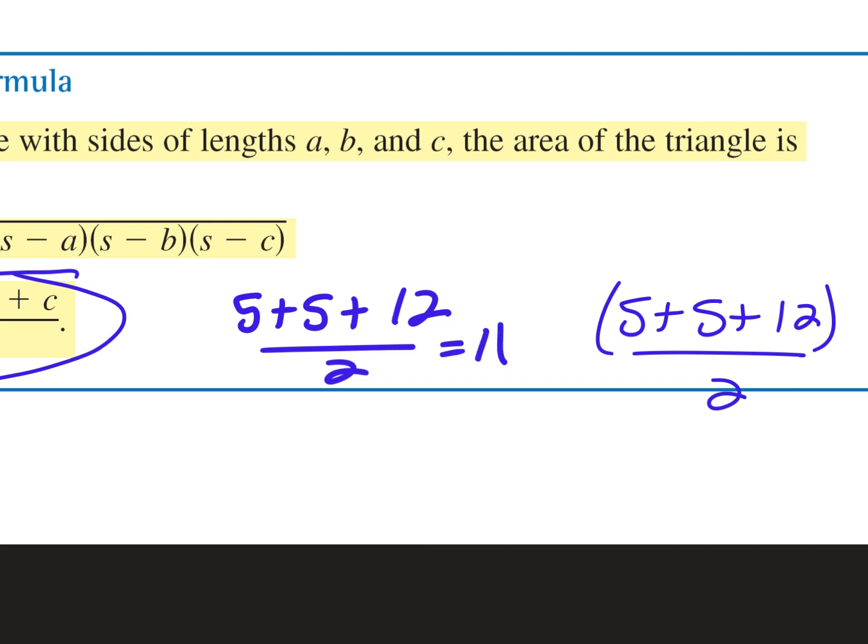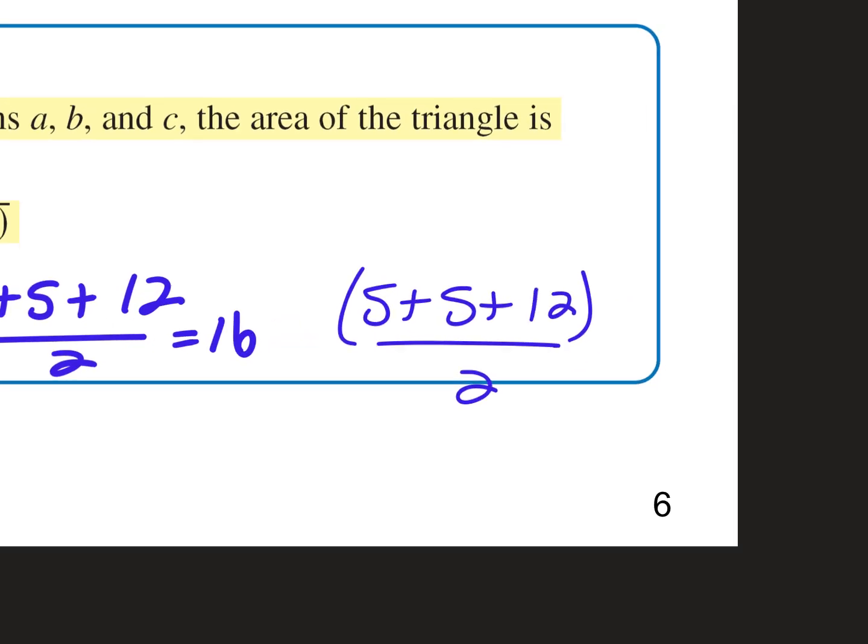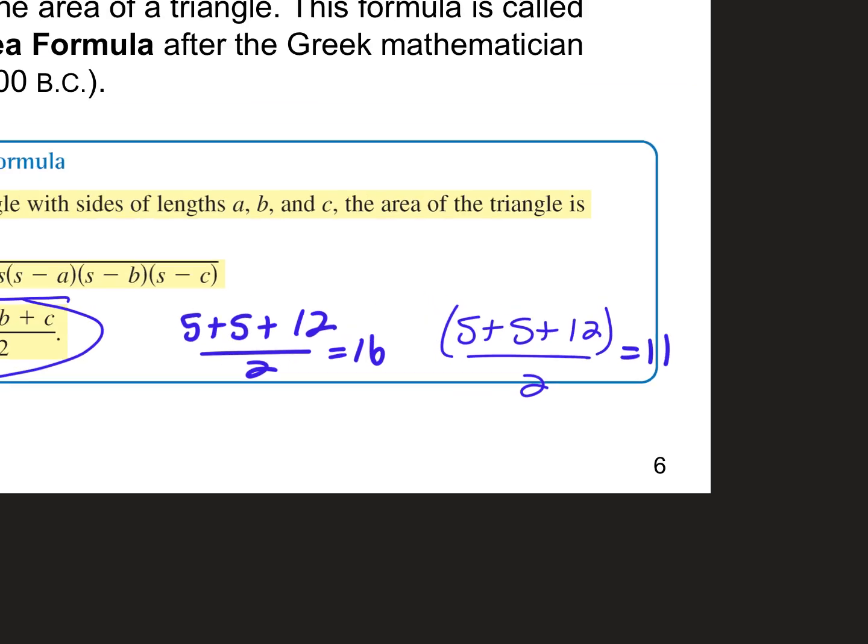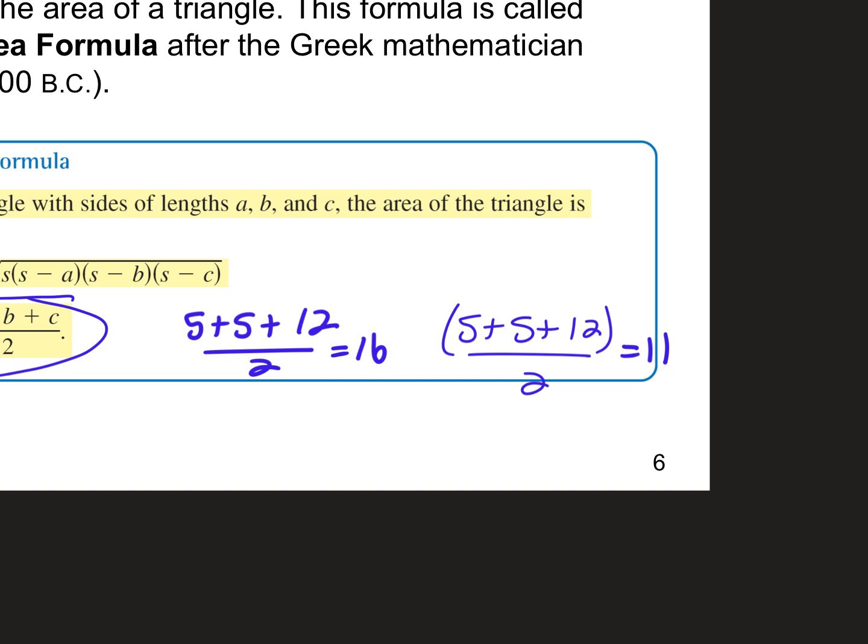Here I got 16. And here I got 11. I just did the exact same problem in my fancy TI-84, and I got 2 different answers. Why are the answers different?